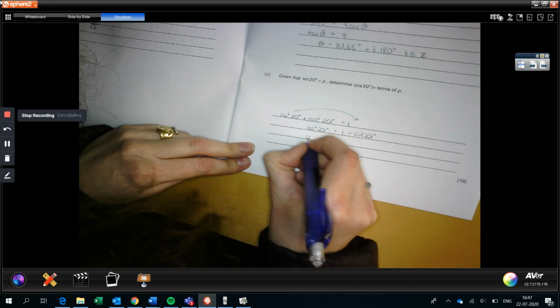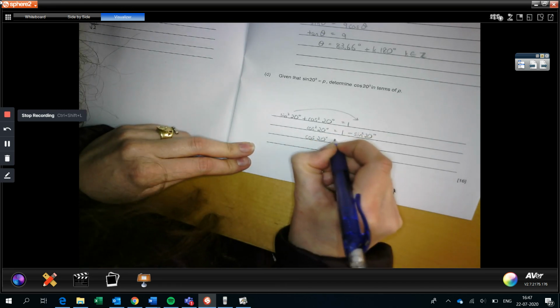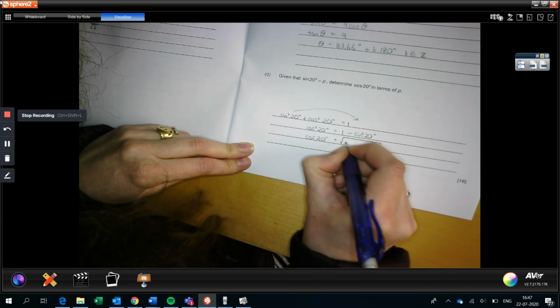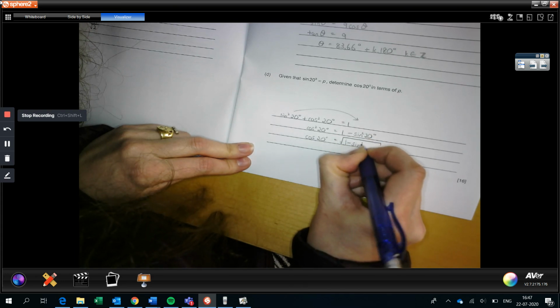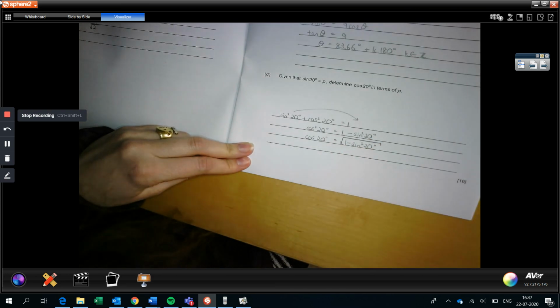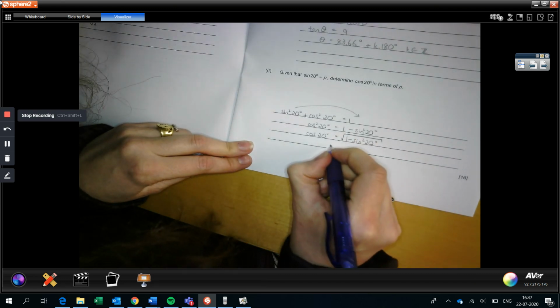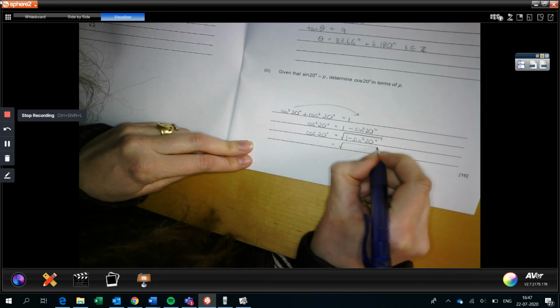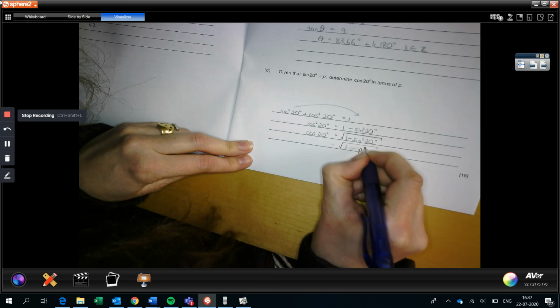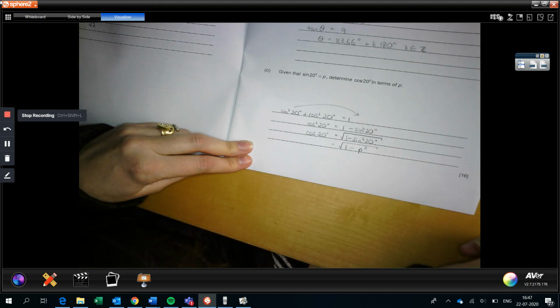And then if you want the cos of 20, you've got to square root that side. You can't take the square root across a plus or minus sign. You know sine 20 is P, so that is the square root of 1 minus p squared. And there you go.